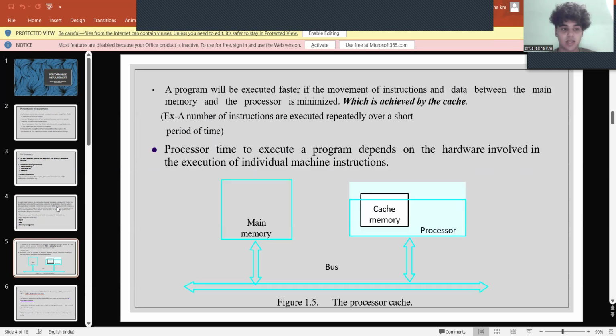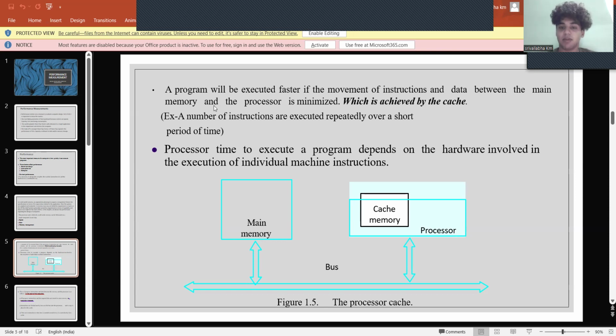Moving on to the next slide: a program will be executed faster if the movement of instructions and data between the main memory and the processor is minimized.